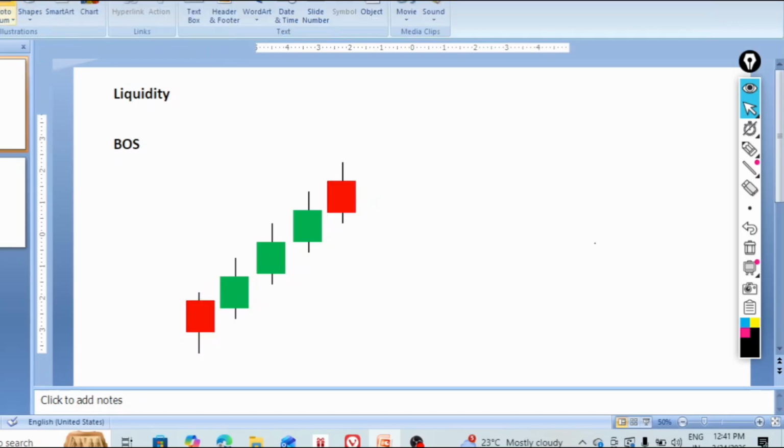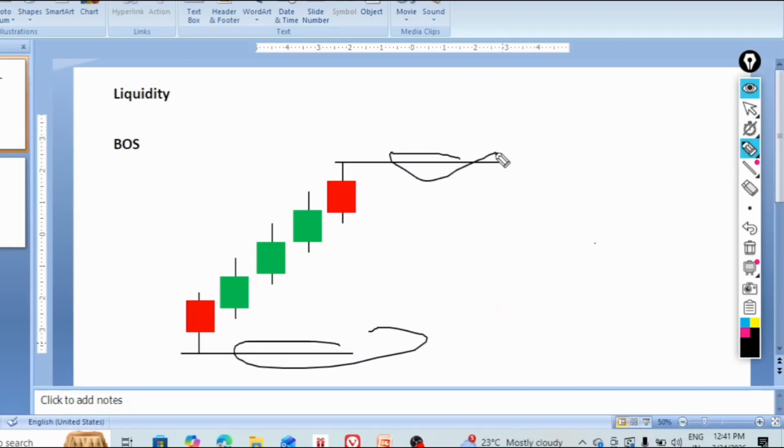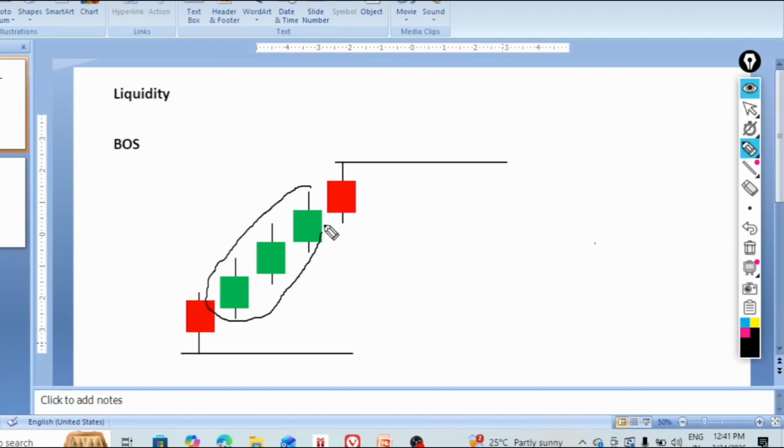So there will be liquidity at this area. There will also be liquidity at this level. Liquidity will be present here. Liquidity will also be present here. So in order to confirm the swing high and low, we need a minimum of 3 same color candles to have a valid swing high and low.